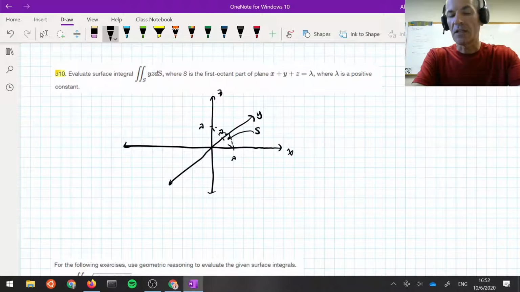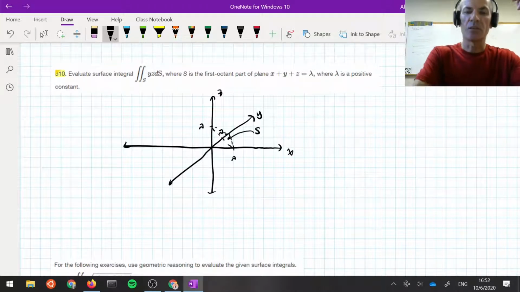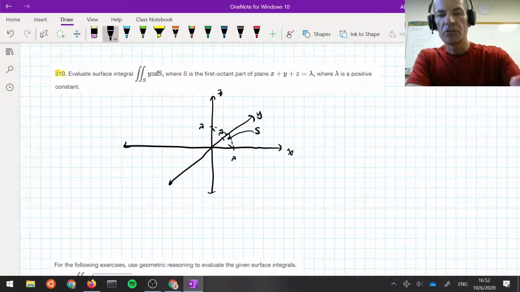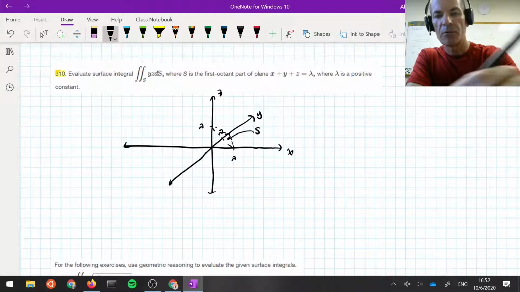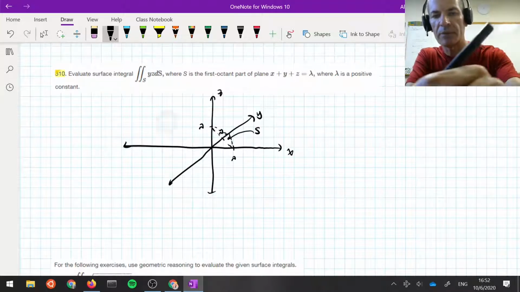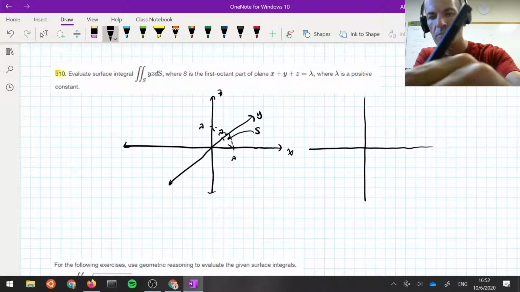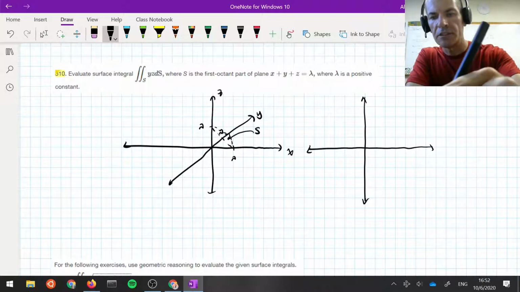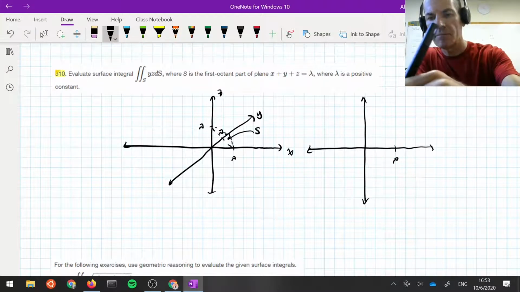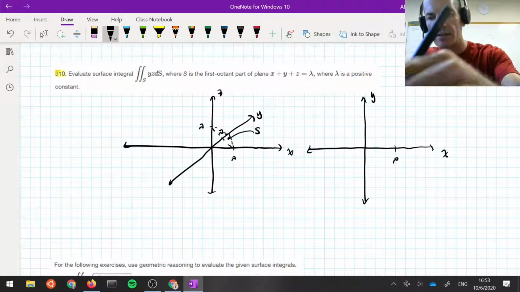All right, how are we going to parameterize this? Well, this looks like a job for good old Cartesian coordinates. We'll just figure out the domain of integration in the xy plane. So let's look at the xy plane. Here's lambda, this is x, this is y.